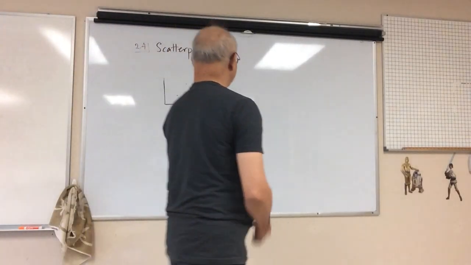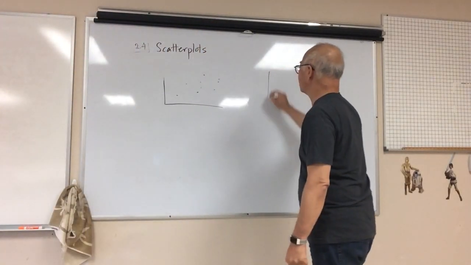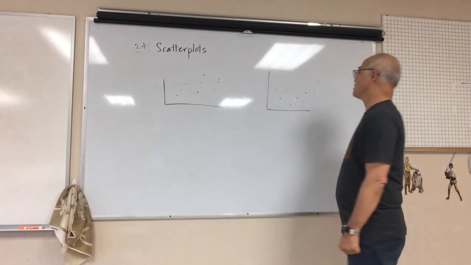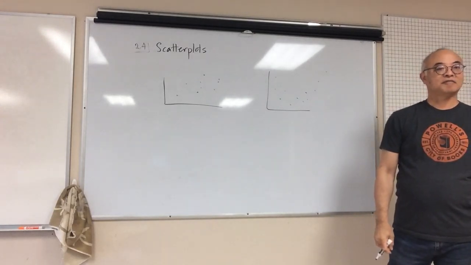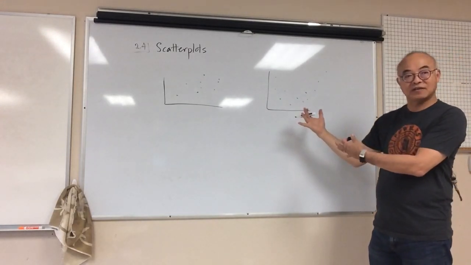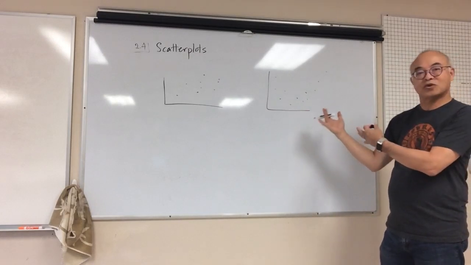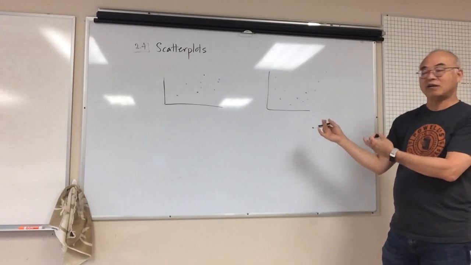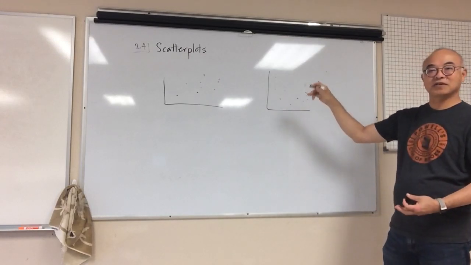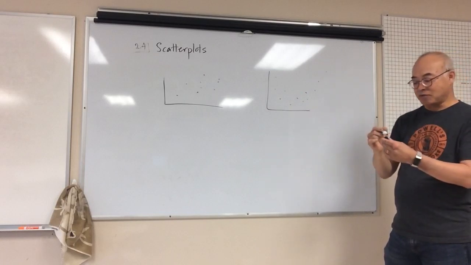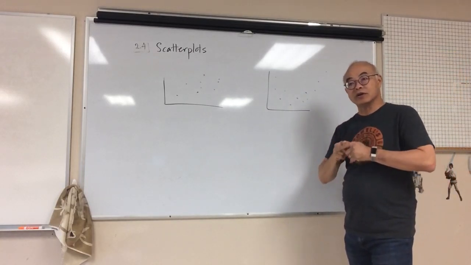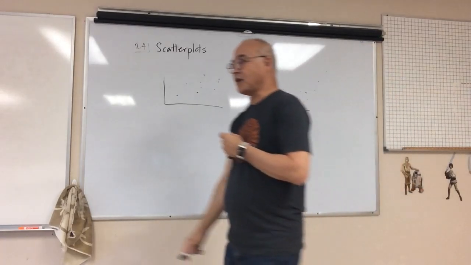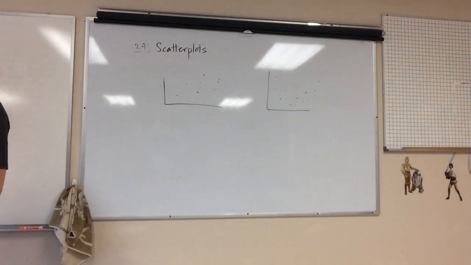So you can have scatter plots that look like this. There's a certain correlation, but is it linear? Probably not. It kind of has a smiley face here. You could try to fit it into a linear model, but it wouldn't work well. So that's basically the three things that we're looking at.